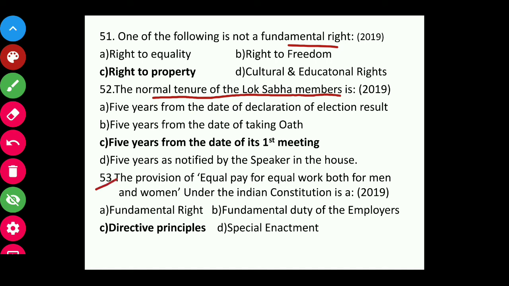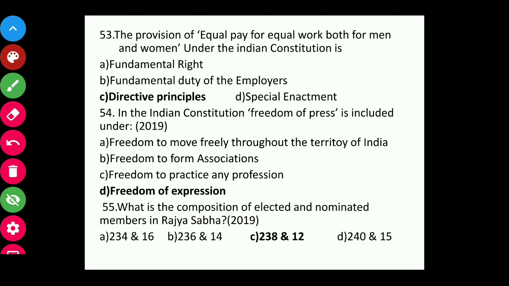The provision of equal pay for equal work both for men and women under the Indian Constitution is in the. Indian Constitution freedom of press is included in. What is the composition of elected and nominated members in Rajya Sabha?